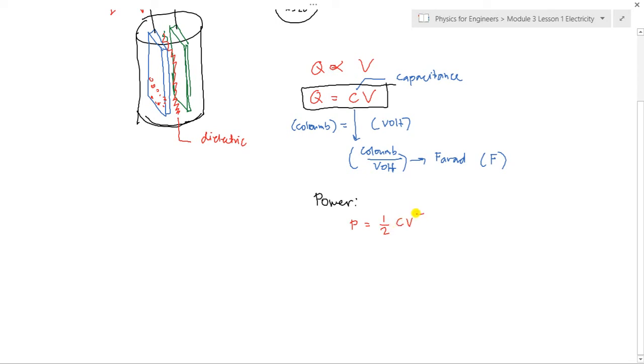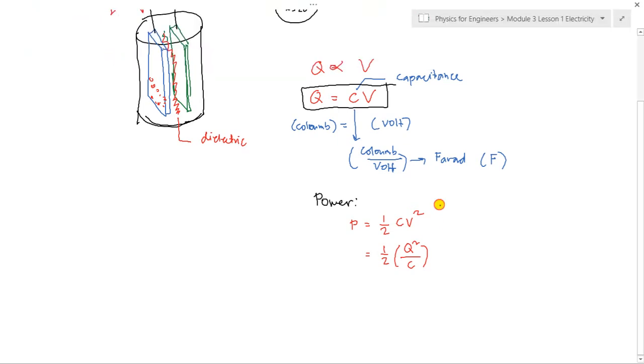And if you express this in terms of Q instead of V, that would be equal to 1/2 Q squared all over C. So that is derived.